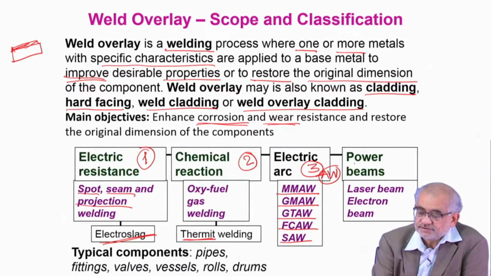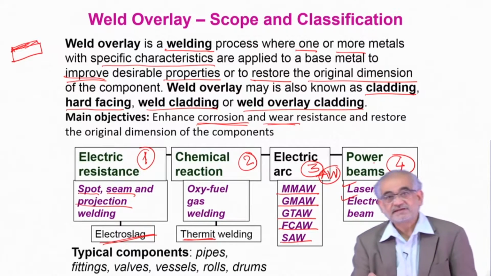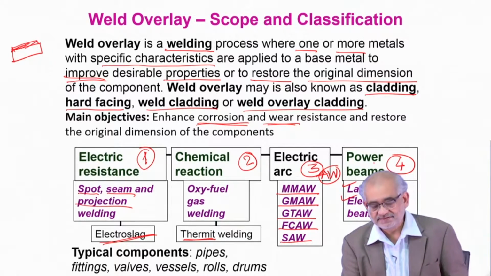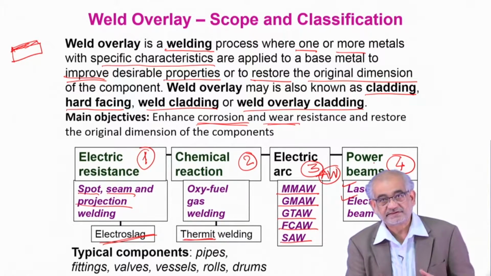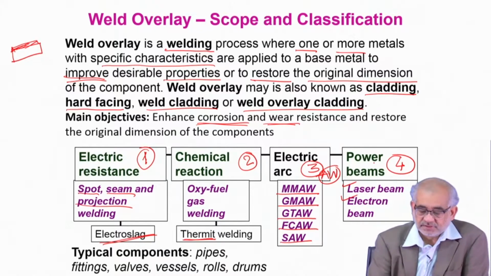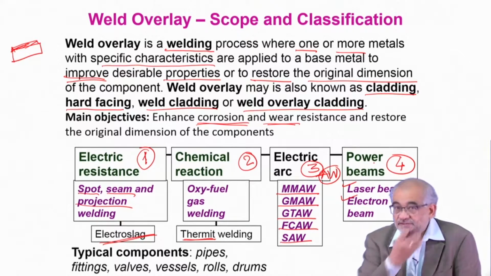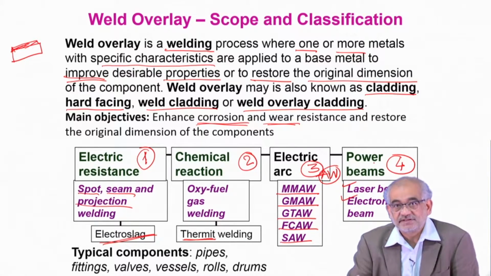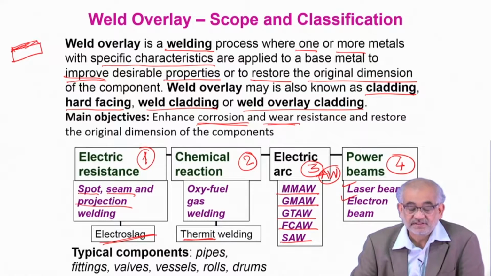We can also use certain directed energy beams like laser beam or electron beam, and in these cases there is no chemical reaction, there is only direct heating, and very high temperature generated at the point of contact can lead to very high rate of deposition. So the cladding layer can be extremely precise, it can be thicker, or it can be much thinner, what is generally possible with any of these chemical reaction based electric arc or electric resistance based techniques.